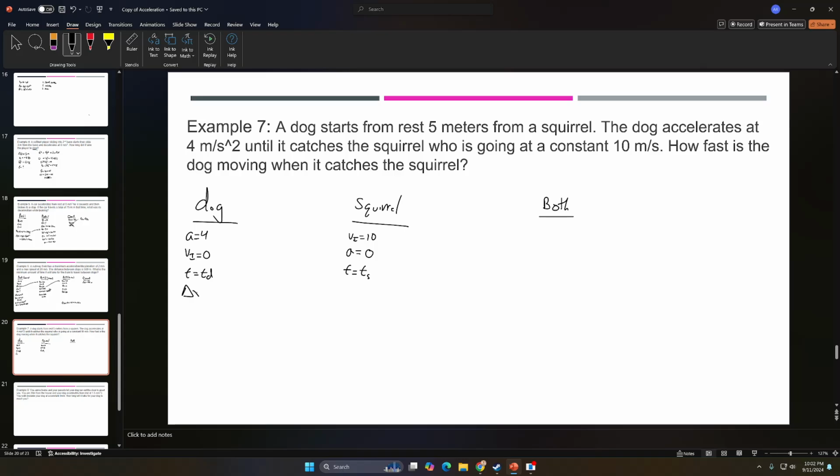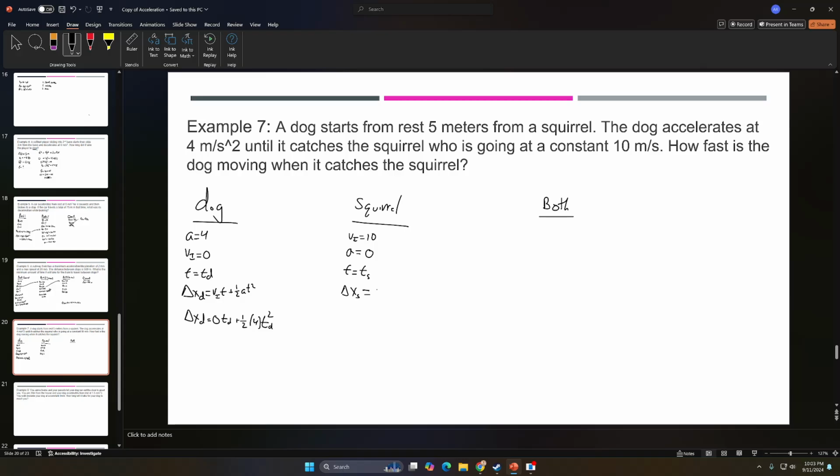And let's pretend we know these numbers. If I was trying to find displacement for the dog or displacement for the squirrel, and I knew initial velocity, acceleration, and time, hopefully you can guess what equation I would use. Ideally, it would be v initial times time plus 1/2 at squared. I would get that change in x for the dog is equal to 0 times time of dog plus 1/2 times 4 times time of dog squared.